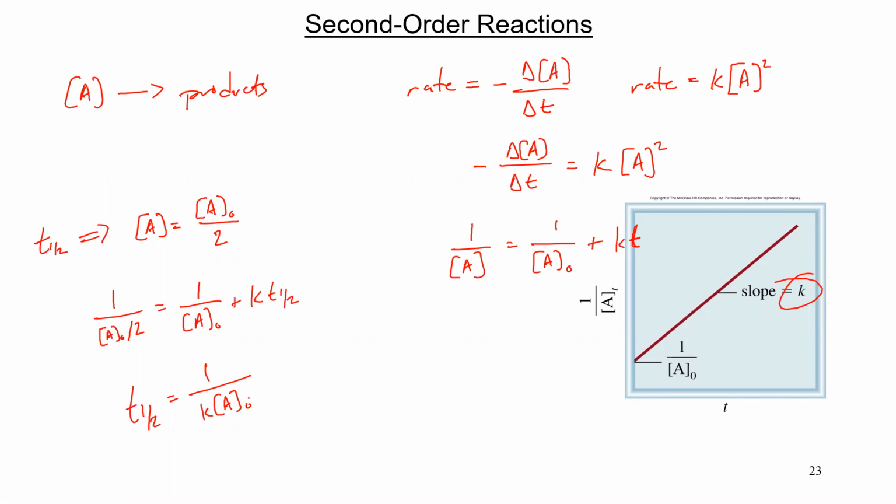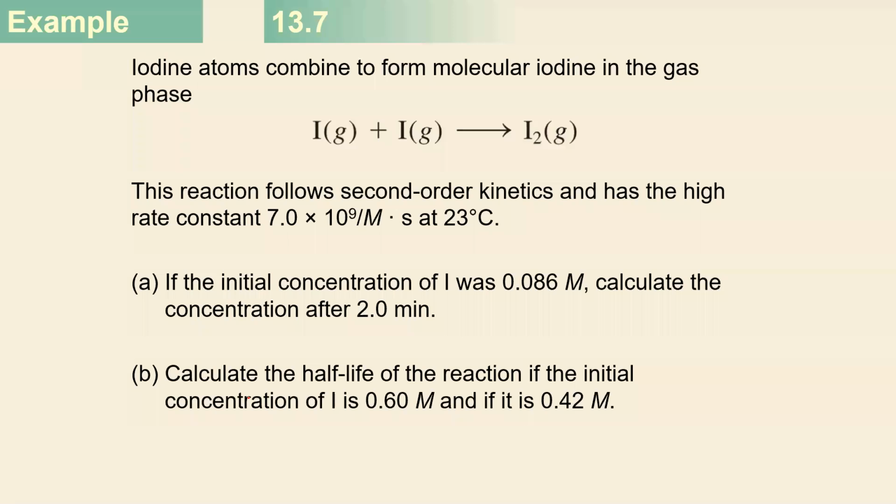We just need to know the initial concentration. So this one looks a little bit different than the first order, but it's still not terribly difficult. Let's do a quick problem.